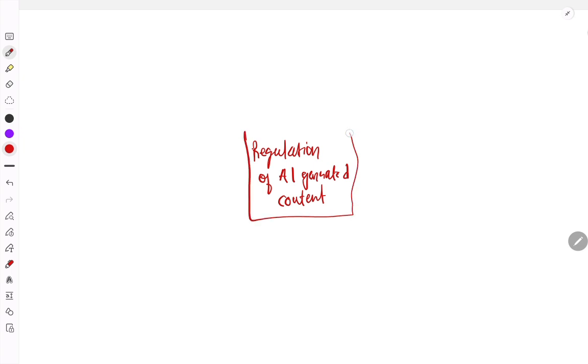The topic is the regulation of AI generated content. You understood the context, right? Yes. So let's cover this in a holistic manner.